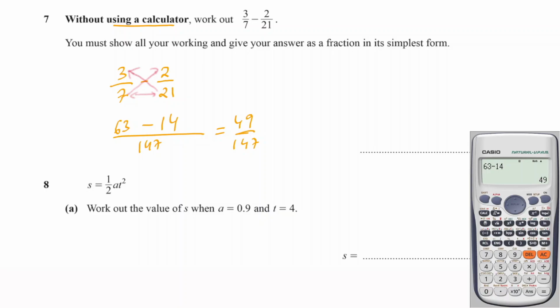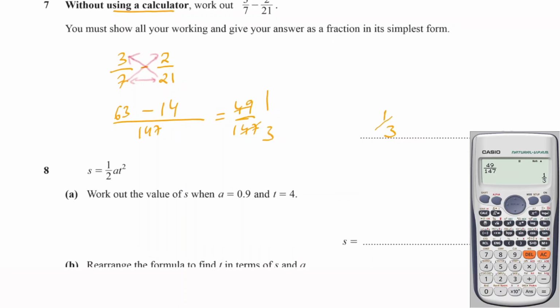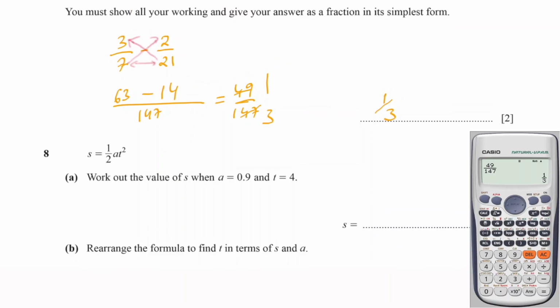But see, you need to write the answer in the lowest form, so you can use the calculator also. Like 49 you can write over the top, and below you can write 147, and if you press equals, then you get the lowest form using the calculator, right? So that's not a problem. If you cancel this one like that, they will understand that you did the calculation without the calculator. That's not a problem, right?